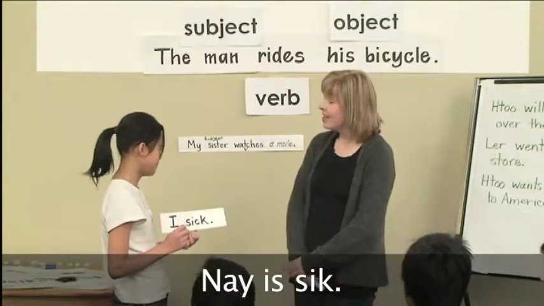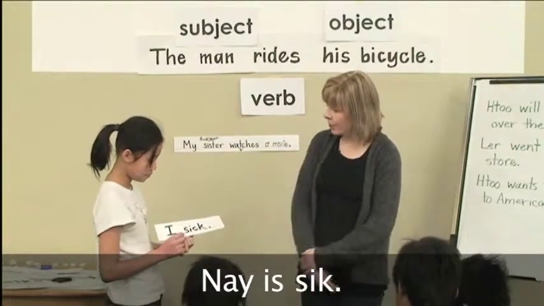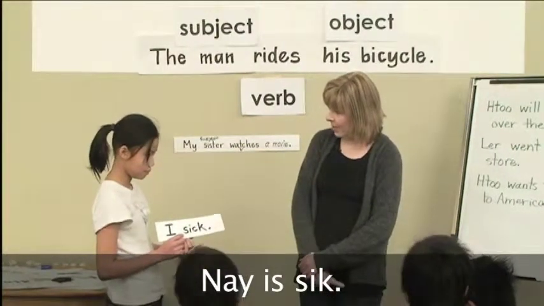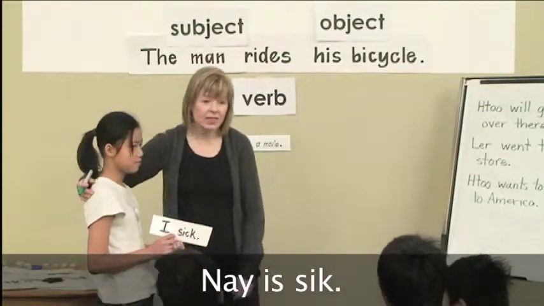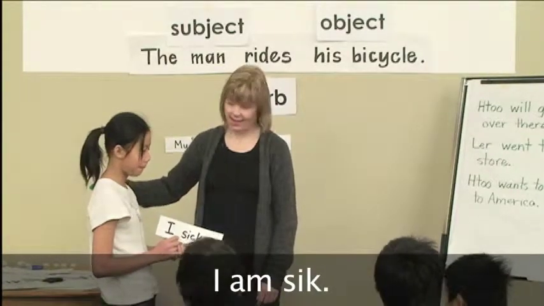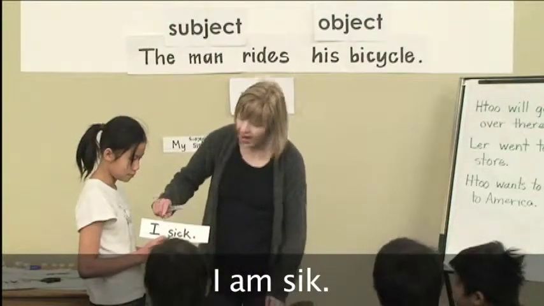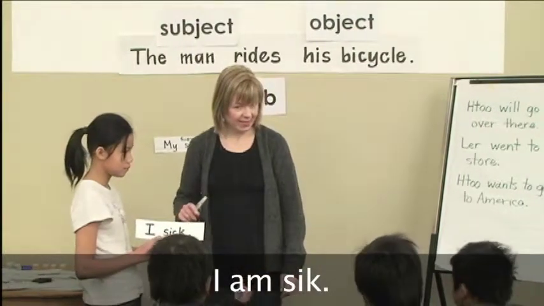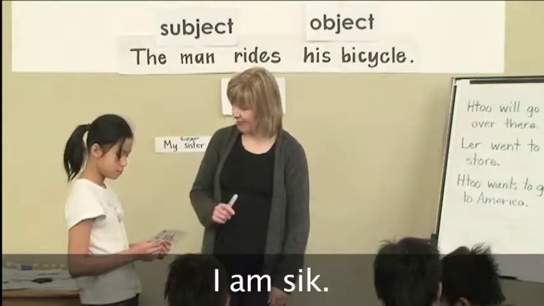Very good. So Nay, you have added a subject and a verb, the verb be or is. Nay is sick. Or if she came to me and said, Cheryl, I don't feel good, I am sick today. Right? So we can make this a sentence by saying, I am sick. Then we have our subject and our verb.